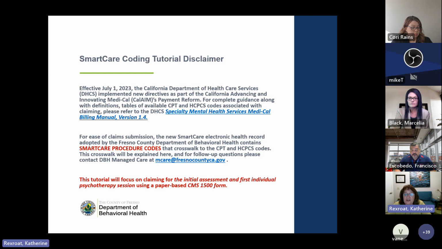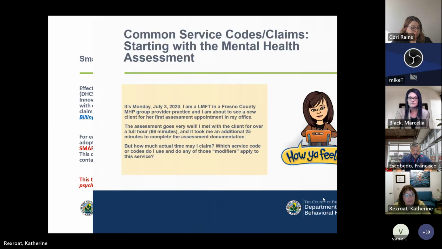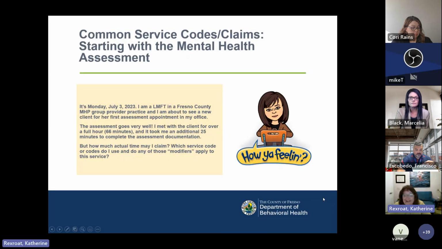And we're going to focus on using a paper-based CMS 1500 form. So let's start with that first assessment. It is Monday, July 3rd. I am an LMFT in a Fresno County mental health plan group provider practice, and I am about to see a new client for her first assessment appointment in my office.